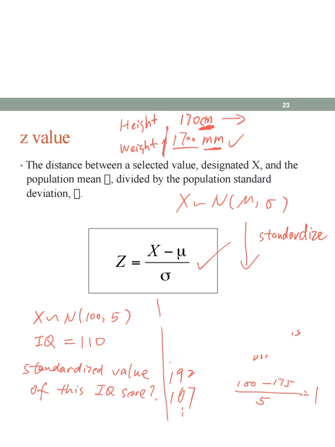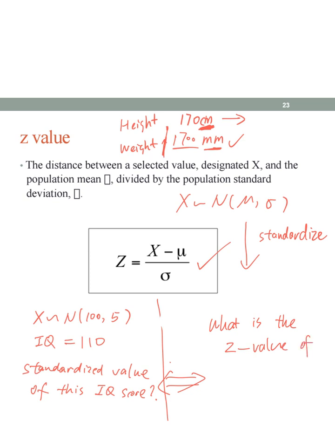For the standardized value, you can also call it the Z value. So this is equivalent to the question: what is the Z value of this IQ score?